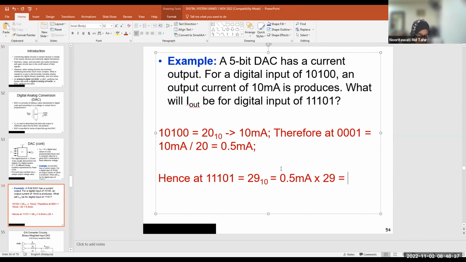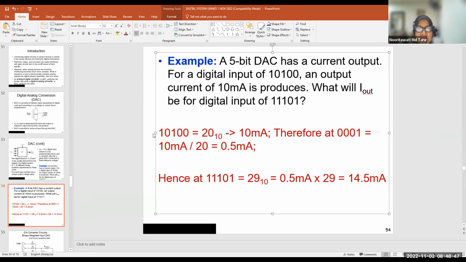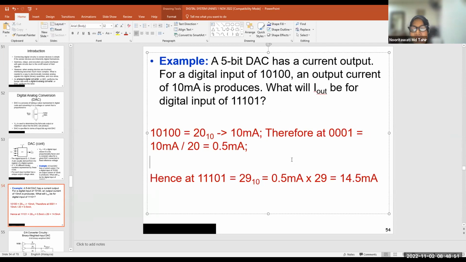Times 0.5, 14.5 milliamp. Okay, that's the answer. Yang lain dapat tak? The most important thing in any digital to analog conversion is we kena dapatkan step size dia. Berapa step size dia? Maknanya bila at 1 tu berapa? Once we get that, kita boleh senang nak tengok yang lain tu. Okay?